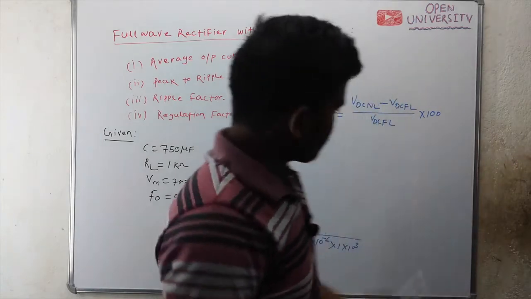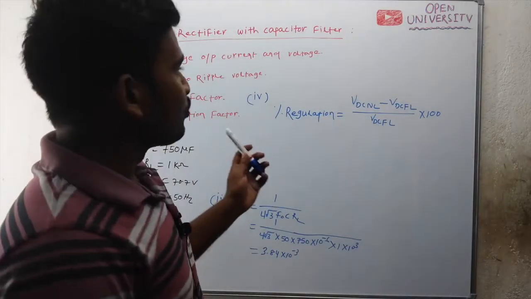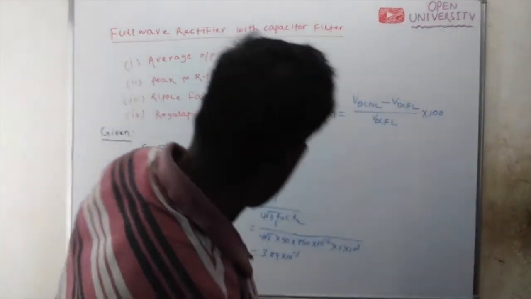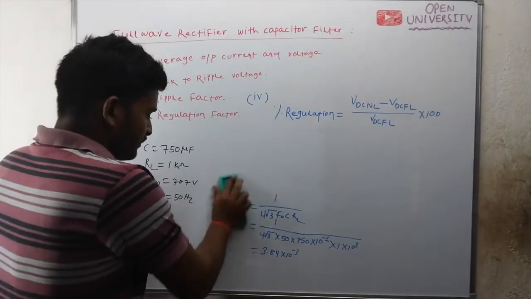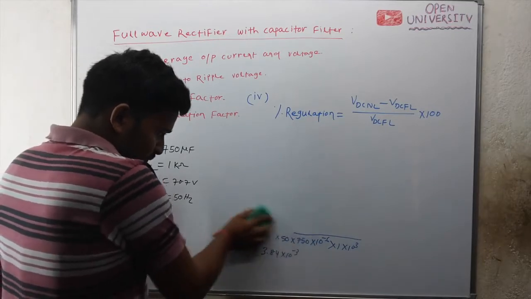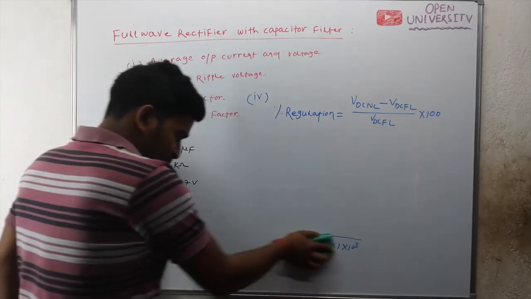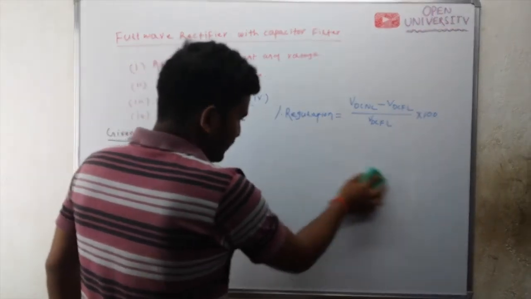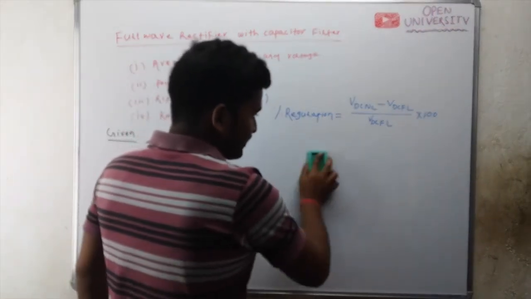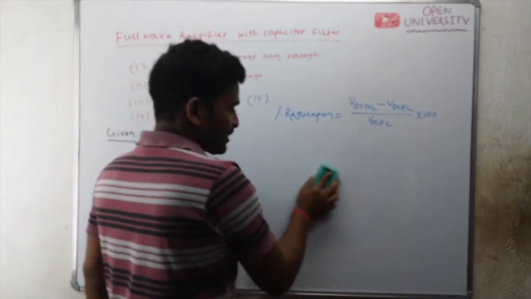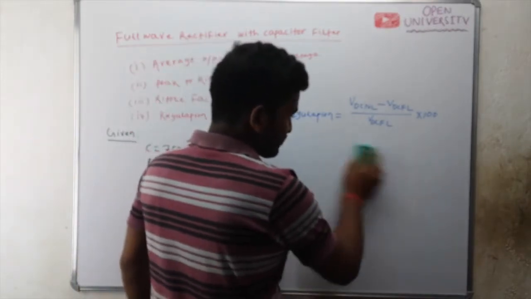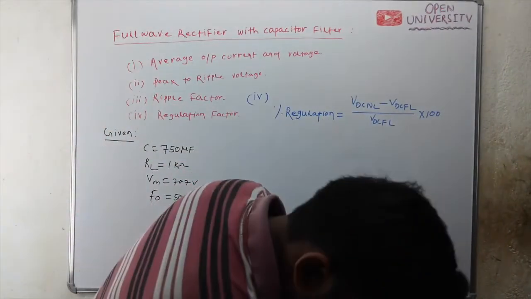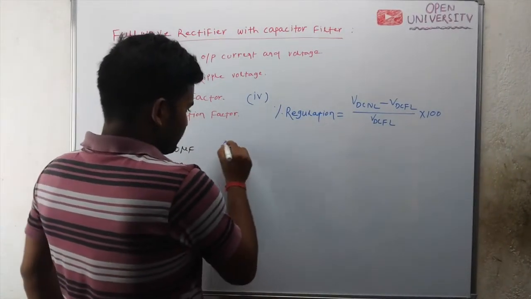Now, in this question, we are talking about full wave rectifier with capacitor filter. When we discussed the topic of full wave rectifier with capacitor filter, we discussed a special case where RL was not connected.